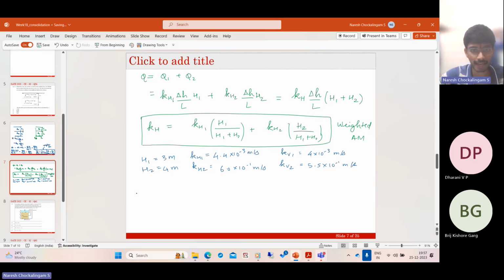Now let us solve. What is KH? So KH is equal to H1 by H1 plus H2, which is 3 by 7, into 4.4 into 10 power minus 3, plus 4 by 7, which is H2 by this thing, into KH2, which is 6 into 10 power minus 1. So can you find out what this value is?